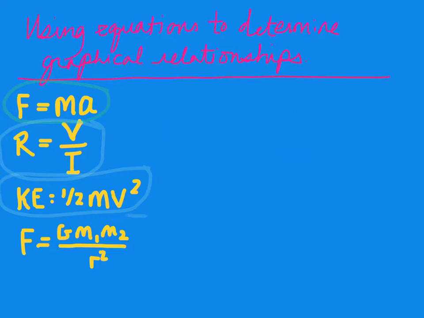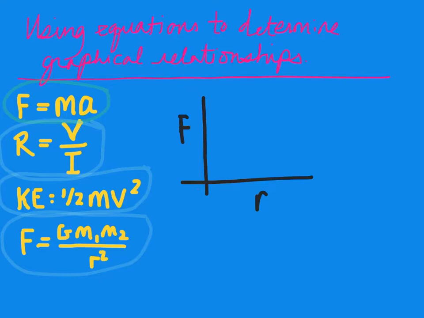For the last one, we'll use F equals G M1 M2 over R squared. And we will look at the relationship between F and R. Now F is in the numerator, it's upstairs, and R is downstairs in the denominator. So as R increases and this value gets bigger, what will happen to F?